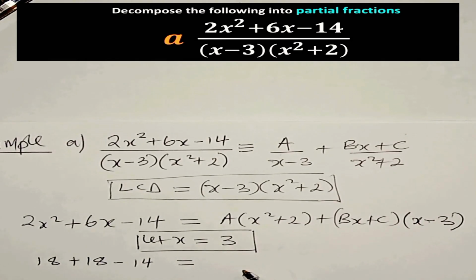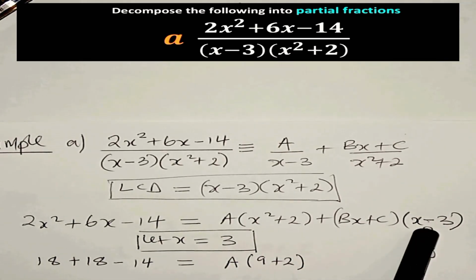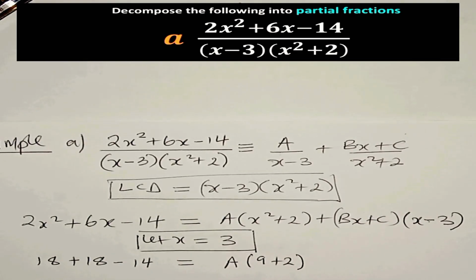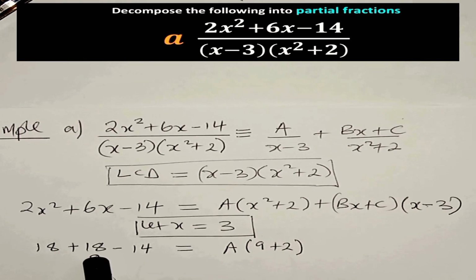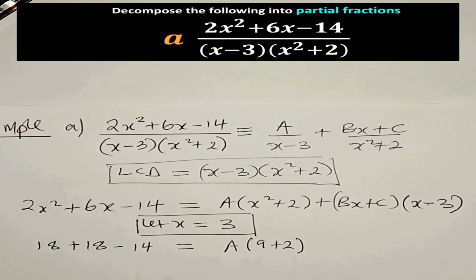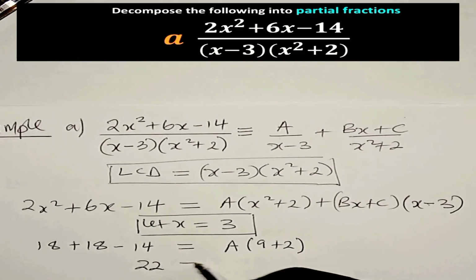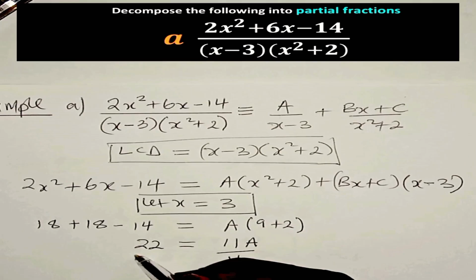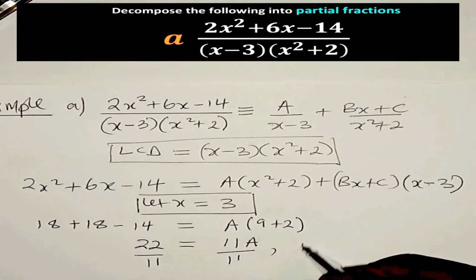And that is equal to A times 3 squared, that's 9, plus 2. We get a 0 for this term, because x minus 3 gives 0, times that, then that term vanishes. Now 18 plus 18 is 36, minus 14 is 22. 22 is equal to 11A. You divide by 11 both sides, and then A is equal to 2.